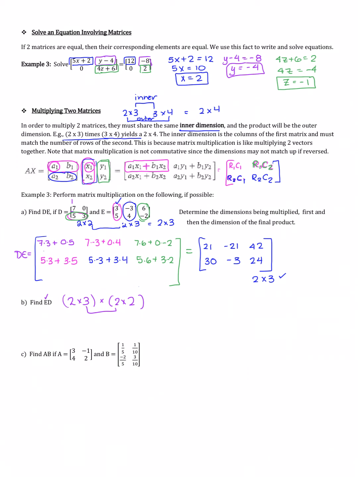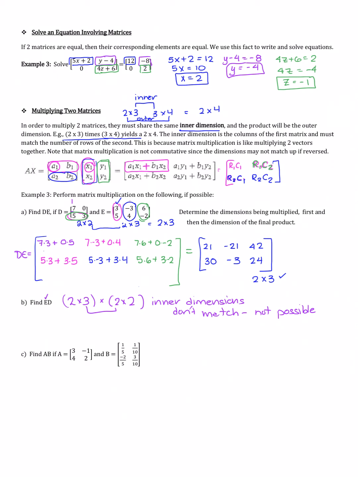So that means that when I tried to do a row against a column, you wouldn't have the same number of elements. So the inner dimensions don't match up, so it's not possible to do the multiplication.